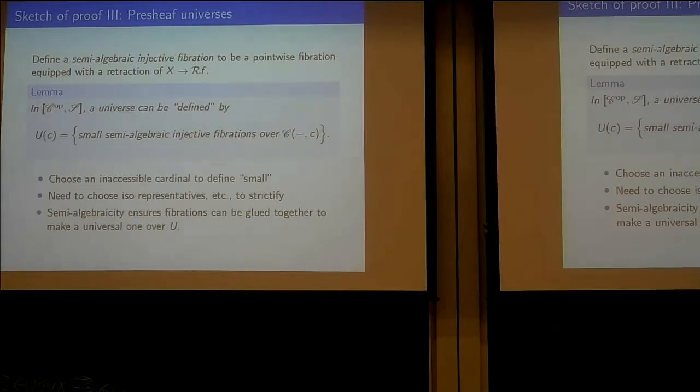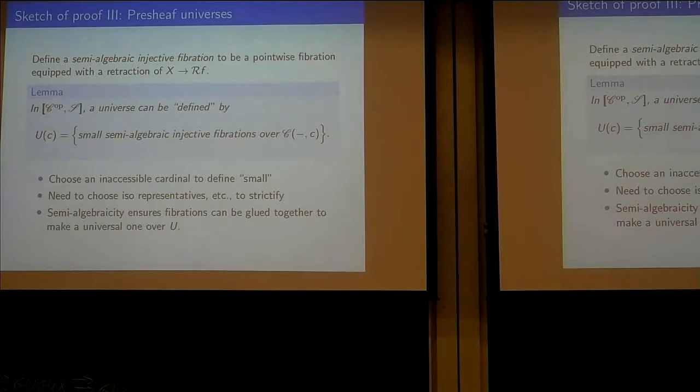In general, I don't have that property, but what I have instead is this structure of these retractions, and the pullback from one C to another C in this universe is algebraic. It preserves this algebraic structure. And so that allows me to glue these fibration structures together to show that the universal map is also a fibration.